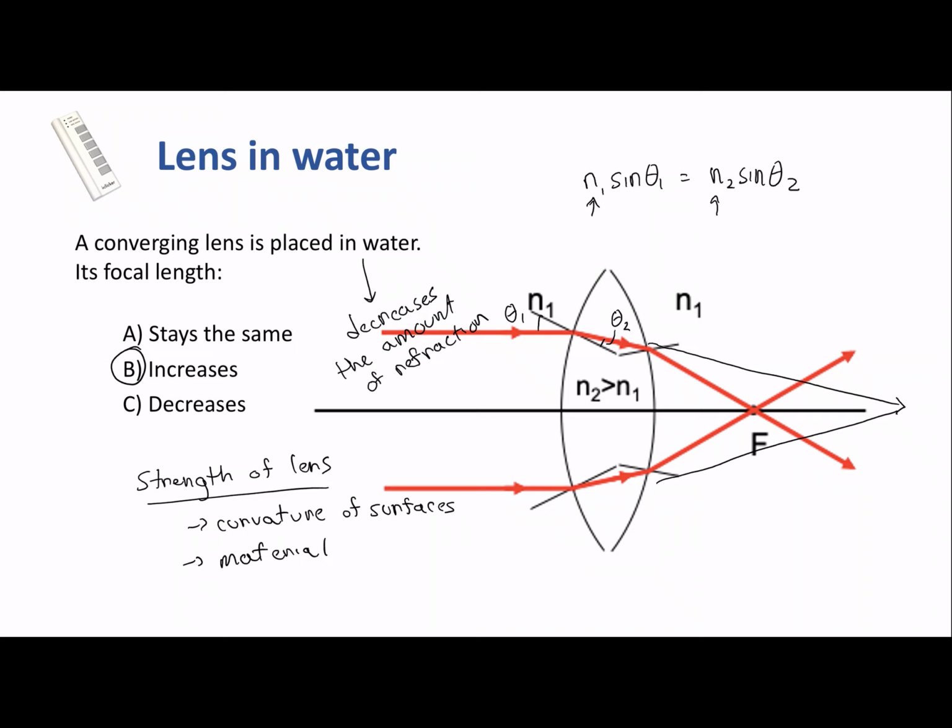All the reasoning that we just went through also applies to the lens itself. If I have a lens made out of a material with a larger index of refraction, it will be more capable of bending light. So the material of the lens actually matters quite a bit, as does the material the lens is suspended in. Okay.